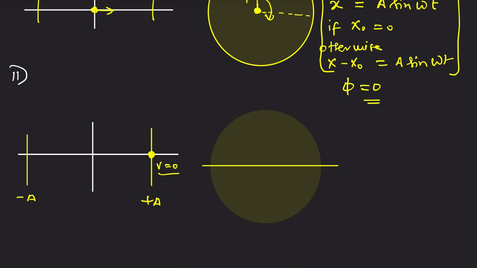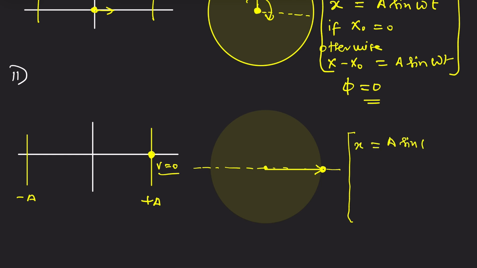So in this case the imaginary particle would be here, and your real particle will be at the very same position. Your real particle and imaginary particle both will be coinciding, because only then will the shadow be formed on the x-axis.